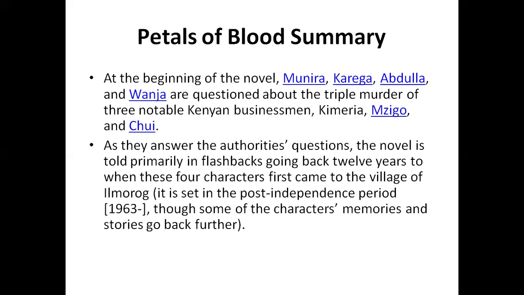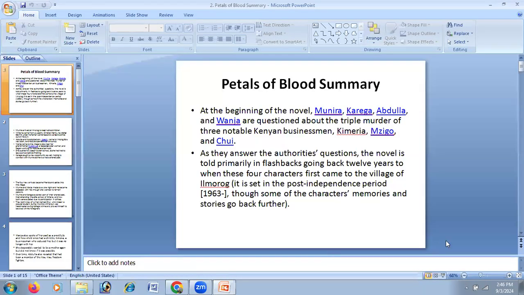And at the ending portion, we have seen that these three men, Kimeria, Mjigo, and Chui, were killed in a whorehouse, and the authorities were questioning or investigating these four people. And after that, with the help of the flashback, we have got Kenya's history, the history of Ilmorog, the history of Wanja, the history of Munira, Karega, and Abdullah. Okay, so this is the story in brief. That is Petals of Blood.